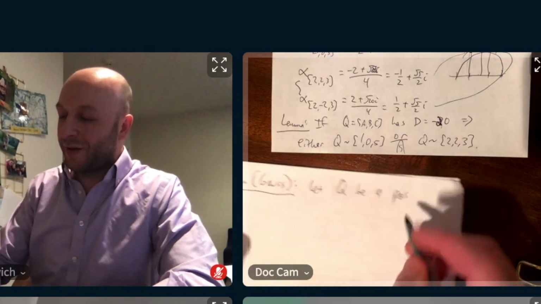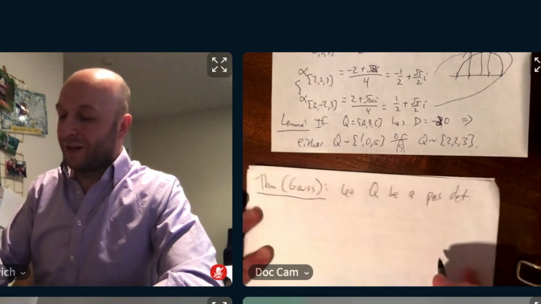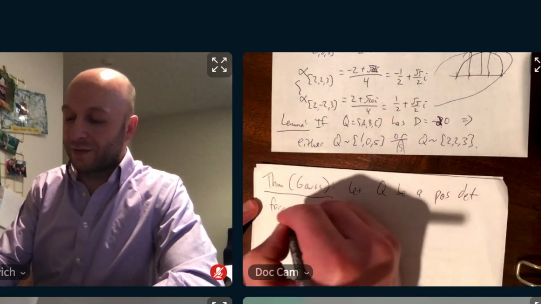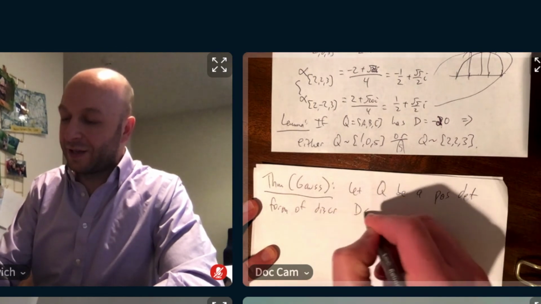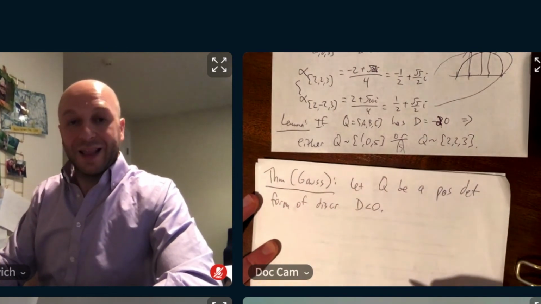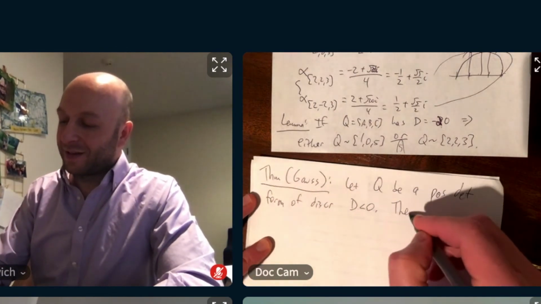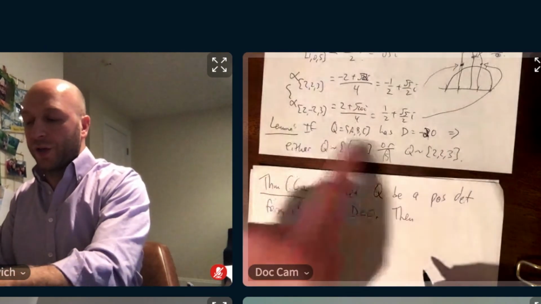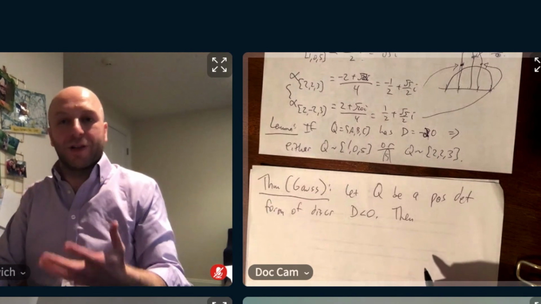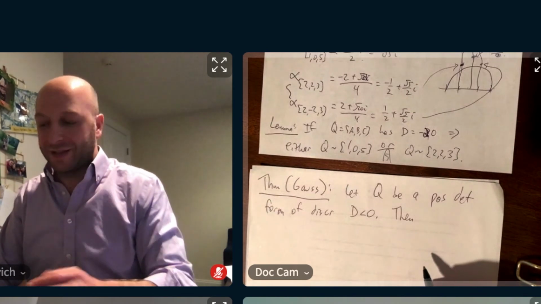Fine. Be a positive definite form of discriminant D negative. Then, at first, why do we have to get one or two or finitely many?